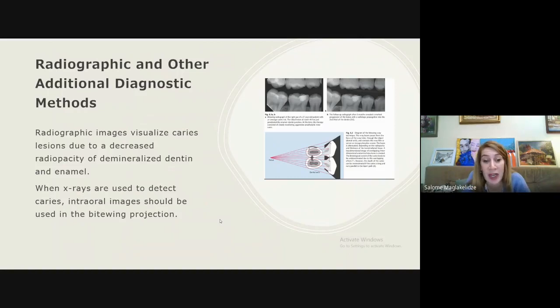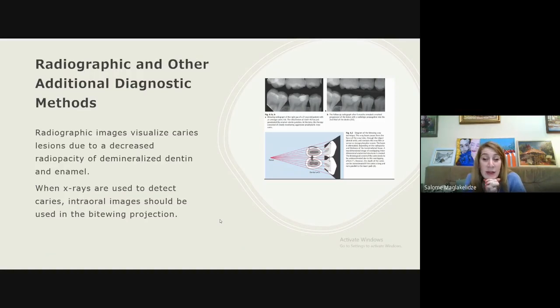When we do X-ray, we usually select bite wing projections to detect caries, because in bite wing projection we see these tissues without the overlapping, so we could observe the proximal surfaces. And as you know, this is the most dangerous part for caries development.